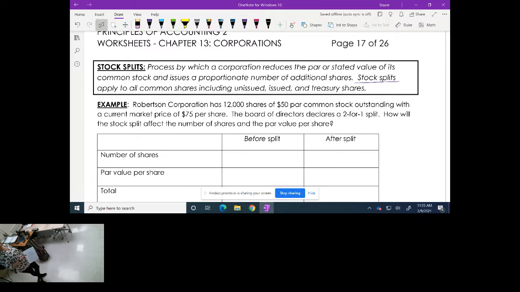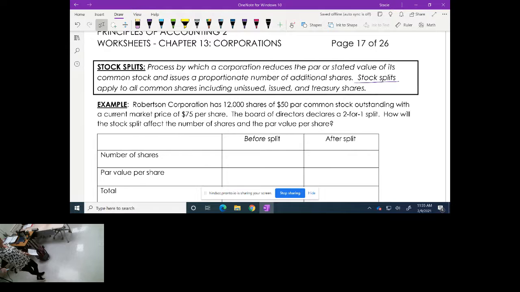And the way it works is, let's say you have 1 share of stock and they do a 2-for-1 split. Well, now you've got 2 shares. Now the total of those 2 shares as a result of the split will be the same value, but as time passes, your hope is that they go back up in value. So you'll have 2 shares, one you didn't have to purchase, and you'll have more value because of the split.